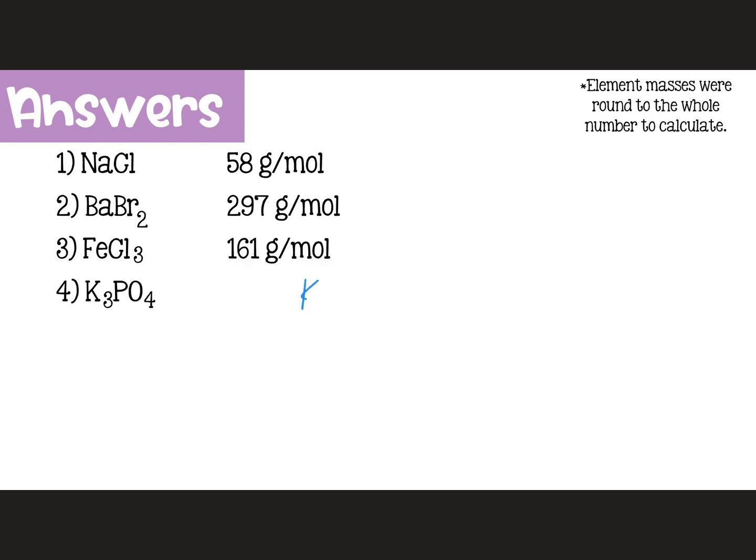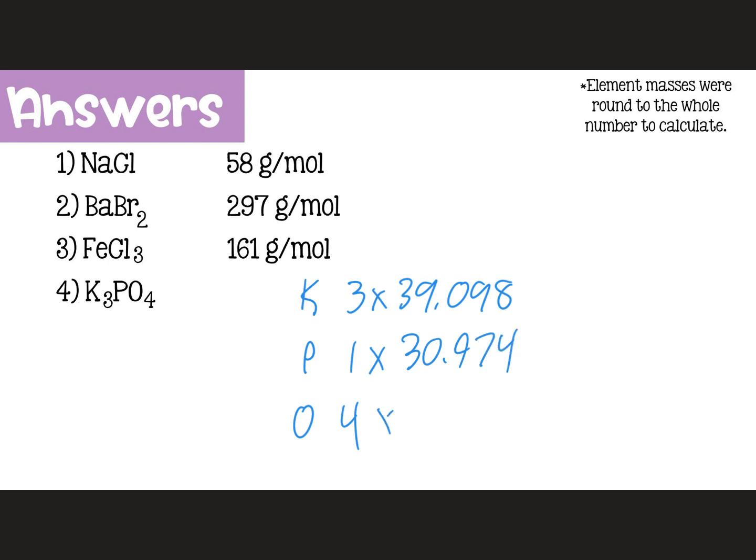Now let's look at potassium phosphate, which is made up of 3 potassiums, 1 phosphorus, and 4 oxygens. Potassium has a molar mass of 39.098. Phosphorus has an atomic mass of 30.974, and oxygen has an atomic mass of 15.999.